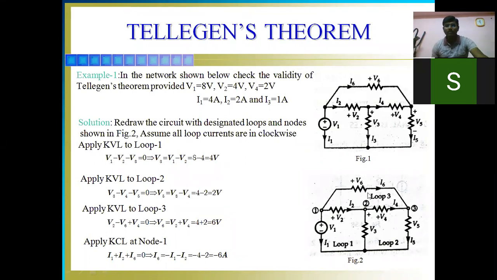Therefore, there should be plus sign for V2 and V4, and minus for V6. So plus V2 minus V6 plus V4 is equal to 0. From this, V6 is equal to V2 plus V4, which is 4 plus 2 is equal to 6. V6 is equal to 6.